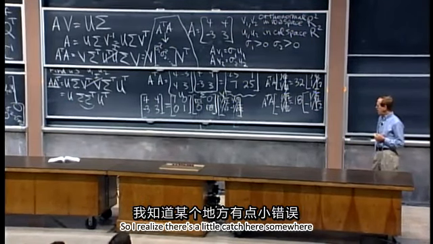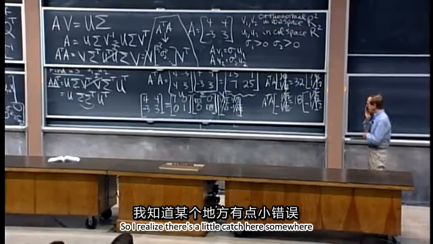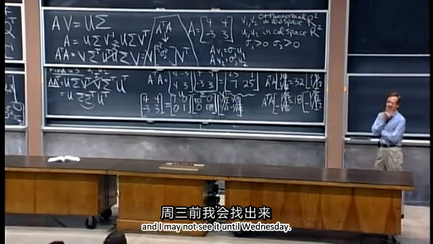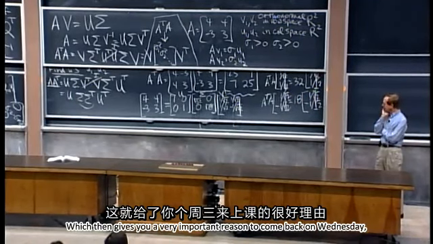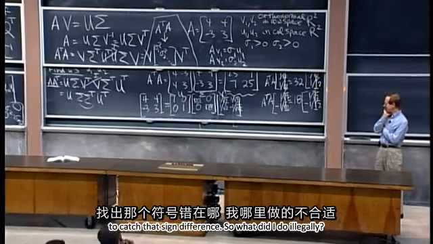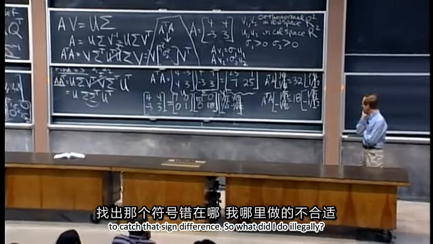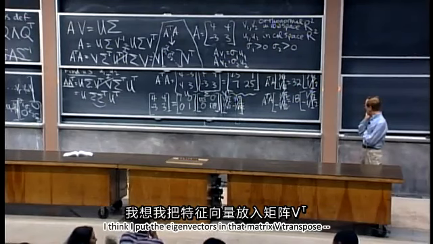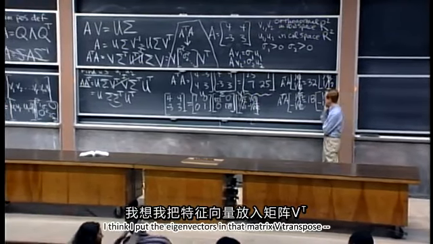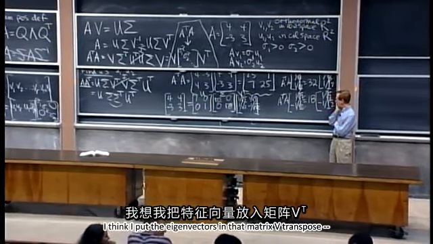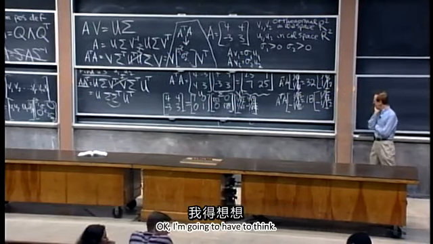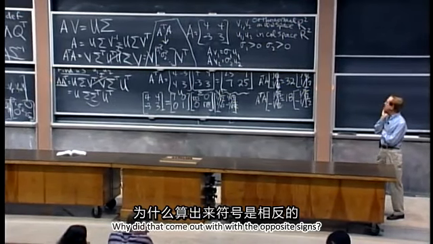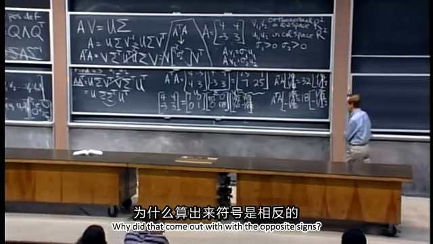Okay. So I realize there's a little catch here somewhere, and I may not see it until Wednesday, which then gives you a very important reason to come back on Wednesday to catch that sign difference. So what did I do illegally? I think I put the eigenvectors in that matrix V transpose. Okay, I'm going to have to think. Why did that come out with the opposite sign?